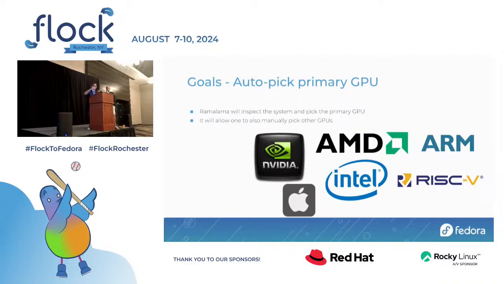You don't have to pick your GPU, but with a lot of AI tools out there today, you kind of have to know your hardware and specify, I'm on this hardware, run using this configuration. But Ramalama should, it's something we're working on, do a quick query of the system and auto-pick the primary GPU for running the AI workload.